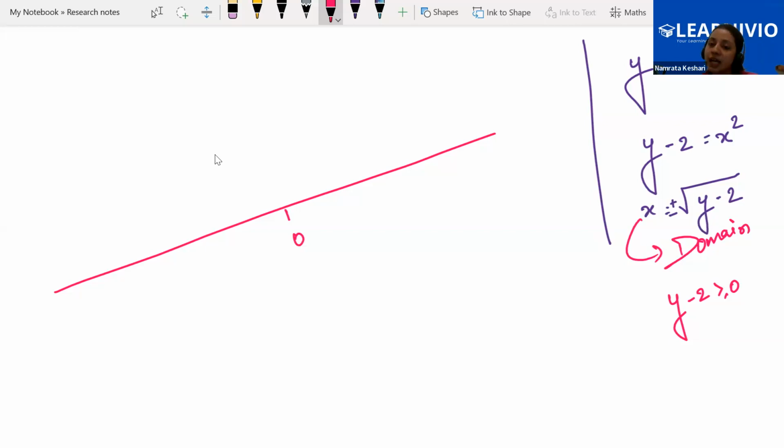In the previous class, have we found the domain of this type of function? Yes or no? We have already discussed that. What we figured out is that whatever is inside the square root will not be smaller than 0. It can be 0, great. It can be greater than 0, but it will not be smaller than 0.